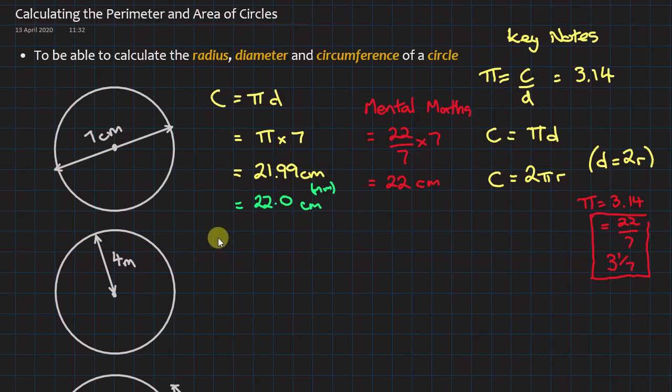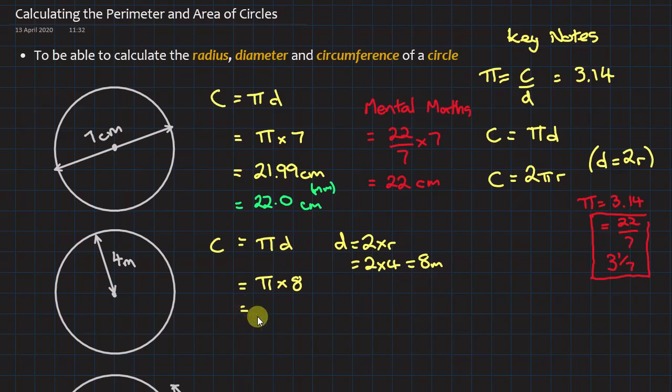So next one, I want to do circumference is pi times diameter, but I've not been given the diameter this time. So diameter equals 2 times the radius. So 2 times 4, which is 8 meters. Now I can put that number into my formula, pi times 8.